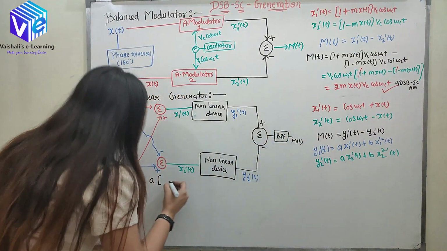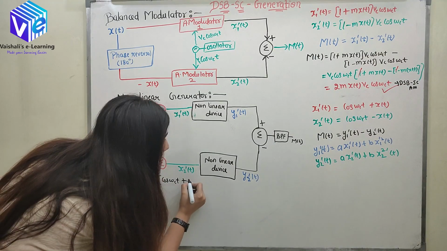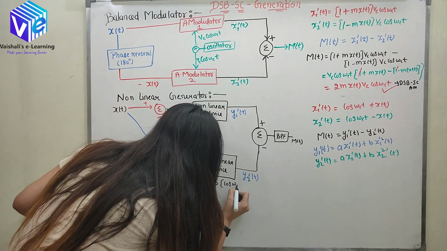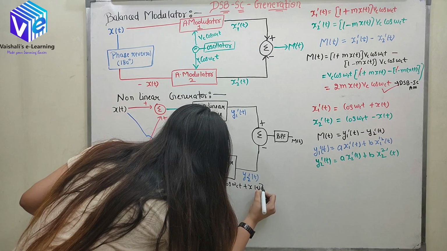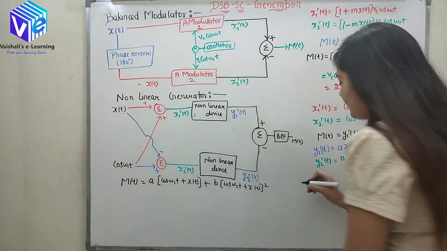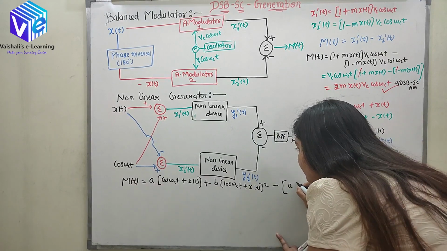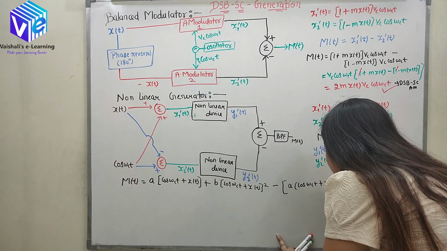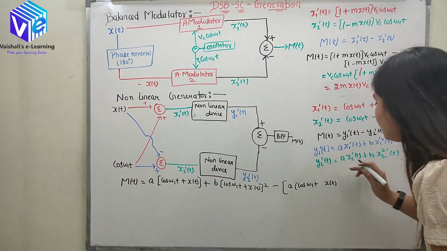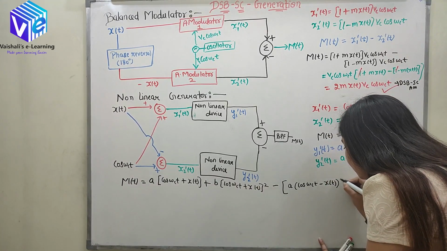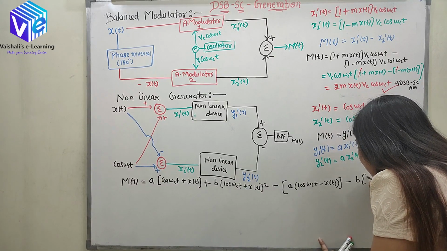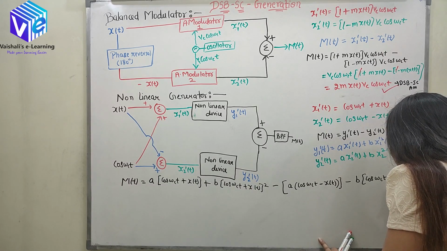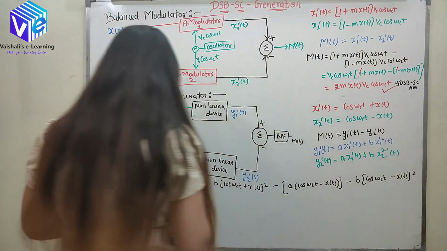So x1 dash is cos omega ct plus x(t), plus b of cos omega ct plus x(t) square, minus a of, here I am taking x2(t), so it is cos omega ct minus x(t), minus b of cos omega ct minus x(t) square. So now I'll just expand these equations.